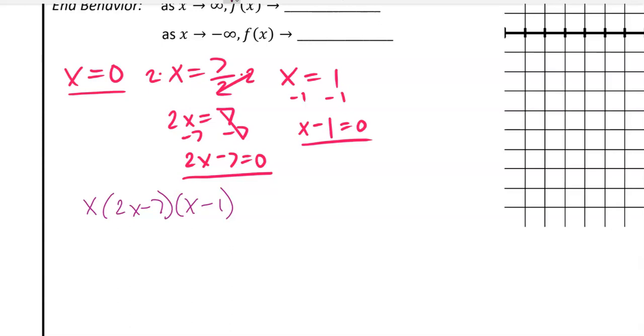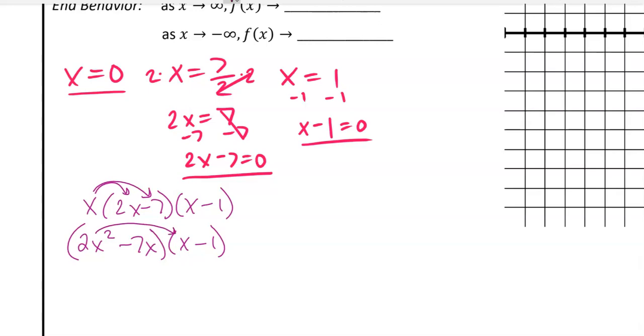Now, because we're trying to find the original polynomial we started with, it got us these zeros, so we're going to FOIL everything back together. So we'll say x times 2x, 2x squared, x times negative 7, negative 7x, all right? And then we'll FOIL that with the x minus 1.